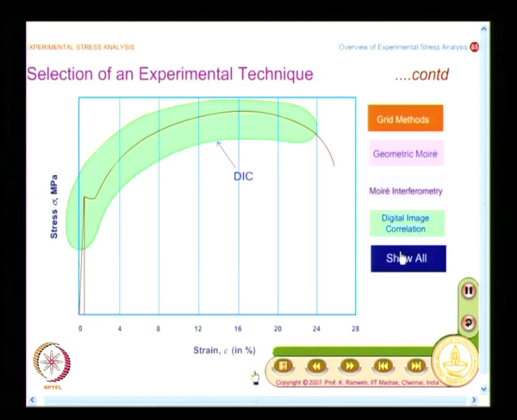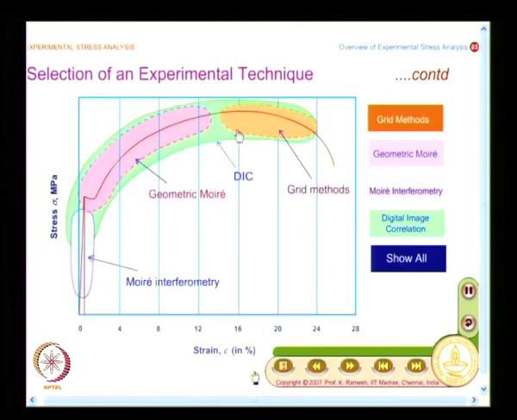Now you have a relative appreciation of various techniques. I have grid methods, digital image correlation, geometric moire, and Moire interferometry. So, this gives you a reasonable appreciation of how to decide the techniques based on the strain range.